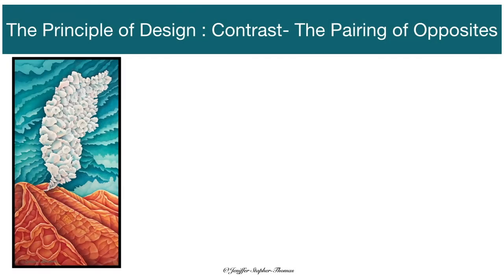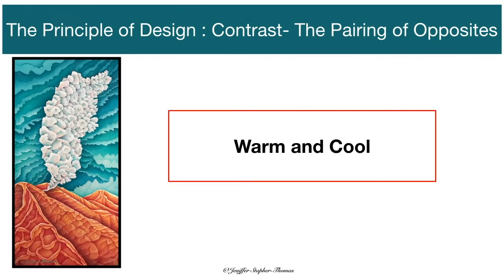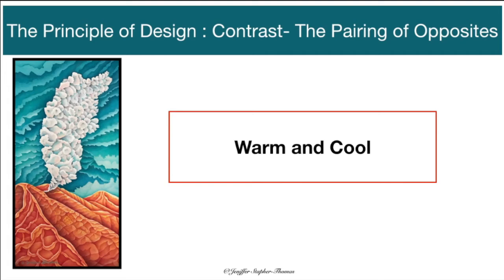This is a painting by me, Jennifer Stapher-Thomas. It's entitled Mountain Pass Fog Plume, and it is a painting I did of the way that I felt about this morning when it was very, very foggy in the Franklin Mountains here in El Paso, Texas. I waited around to see what would happen after driving through the mountains and through the fog.